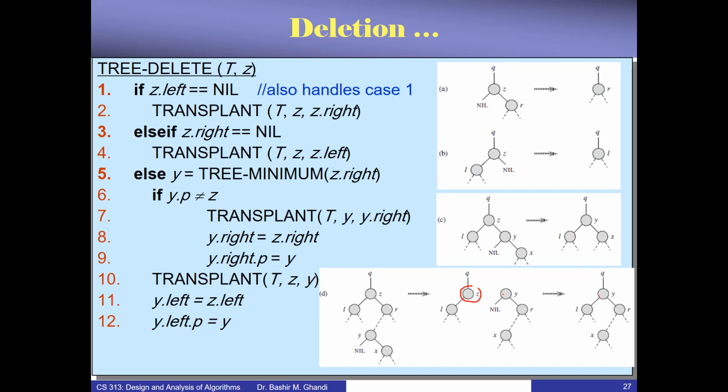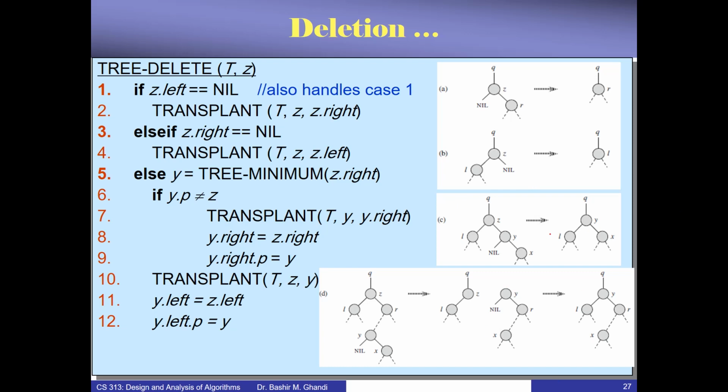After making Y replace the Z, we have to adjust the left and the parent pointer of the L. After Y becomes here, Y dot left becomes Z dot left, so it will point to the L. And similarly, the parent of Y dot left, the parent of the L, was Z before, now let it be equal to Y. So this is the routine. It's a little bit complex, but I'm sure with this diagram you can see what is happening.